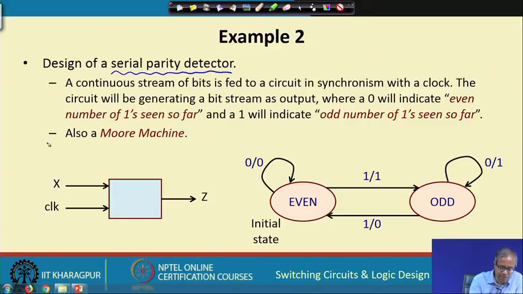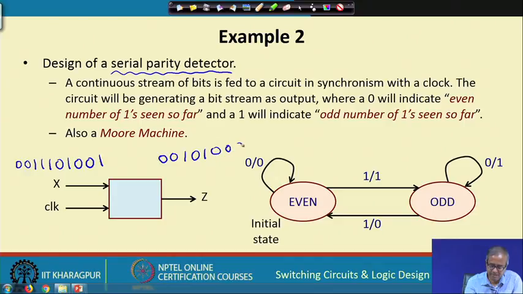So, x is applied with a serial bit pattern, let us say 0 0 1 1 1 0 1 0 0 1, something like this, and the output will also be generating a continuous bit pattern. So, what will it indicate? This will indicate the parity of the input bit stream.